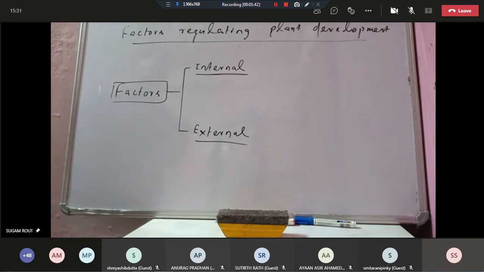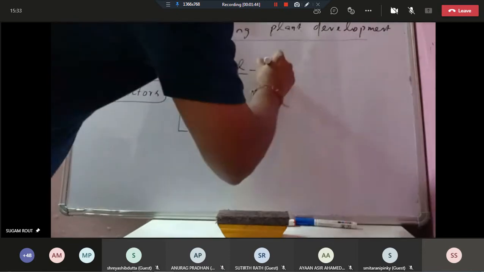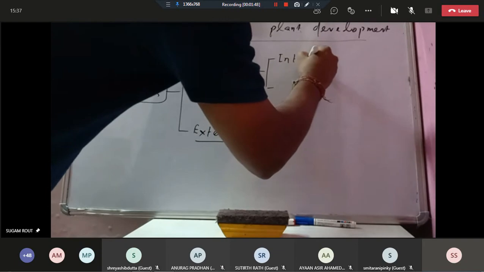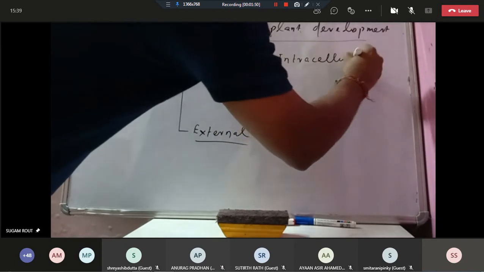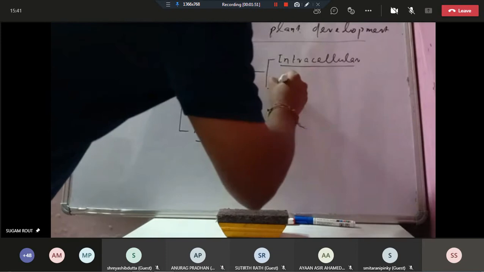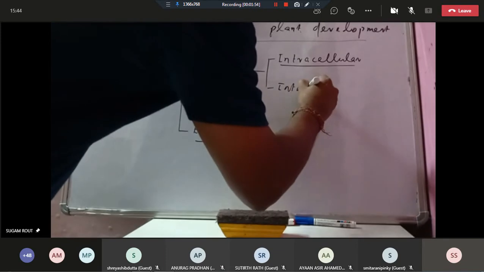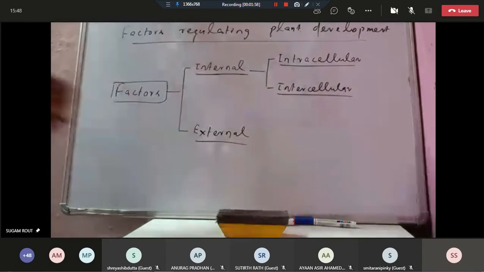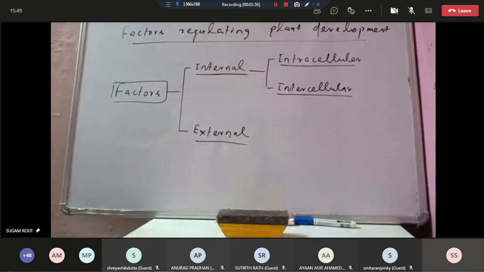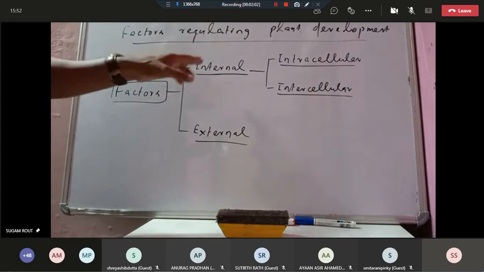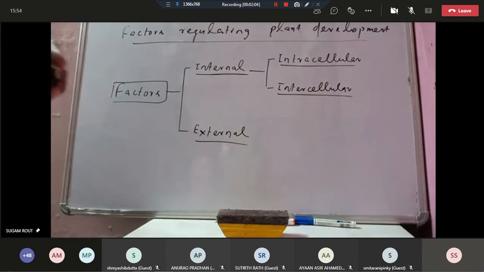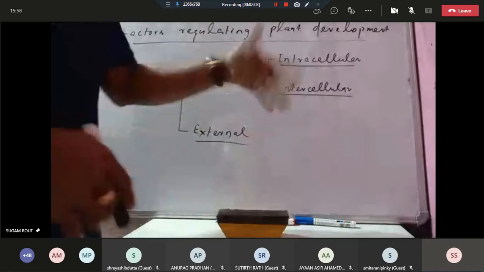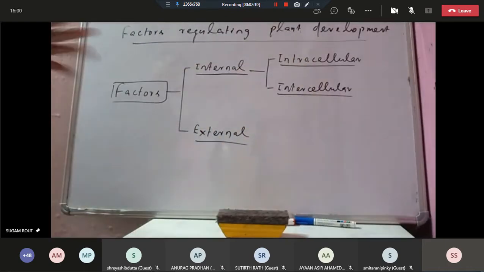Internal factors may be the plant factors. They may be intracellular, inside the cell, or intercellular. So internal factors are again categorized into two types: intracellular, within the cells, or intercellular, outside the cell.